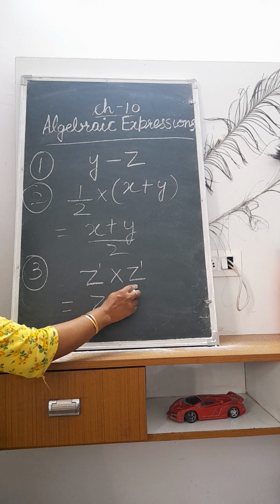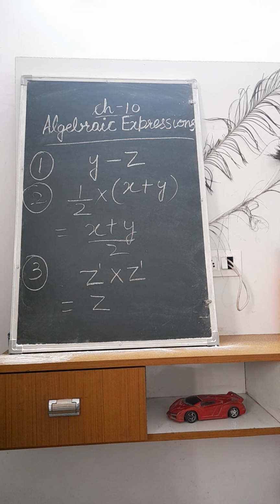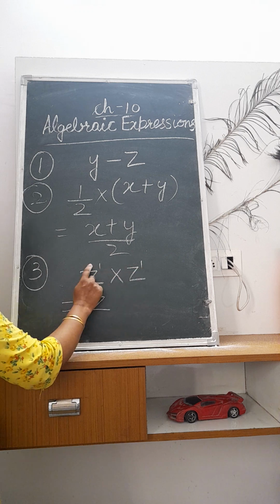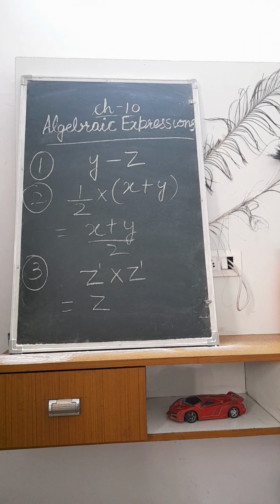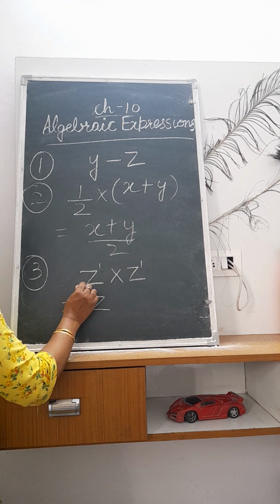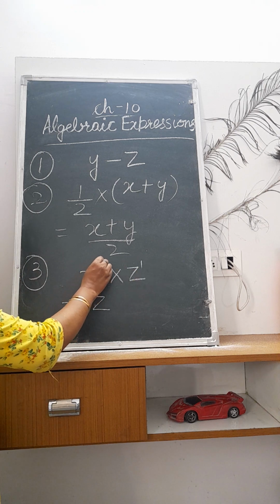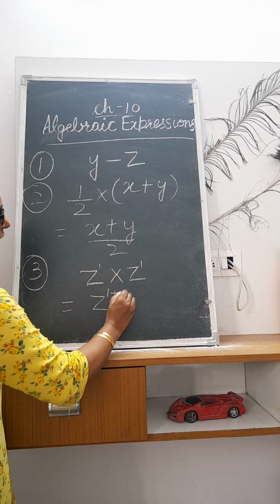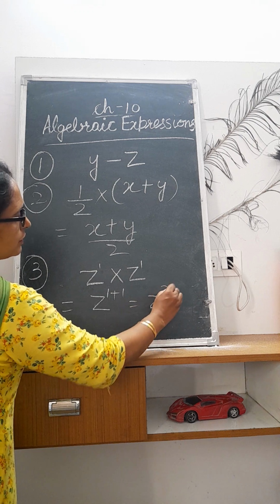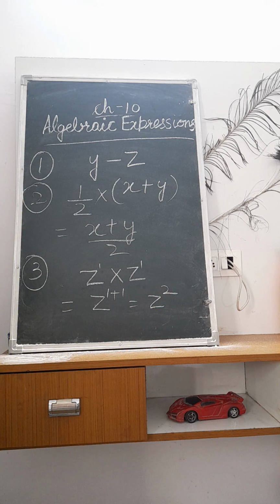We can say z is the base and 1 is the power. If the terms are the same and we are multiplying, then the powers are added. So 1 plus 1 becomes 2, and we get z raised to power 2.